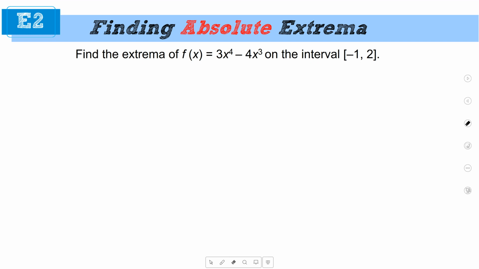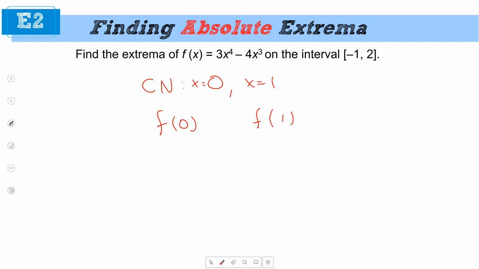Now that you know x equals 0 and x equals 1 are our critical numbers, find f of 0 and f of 1. What's f of 0? 0. What's f of 1? Negative 1.